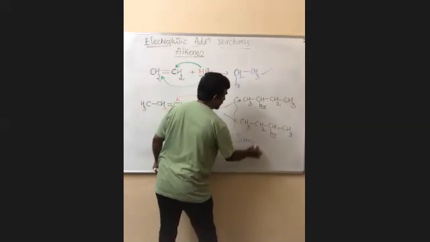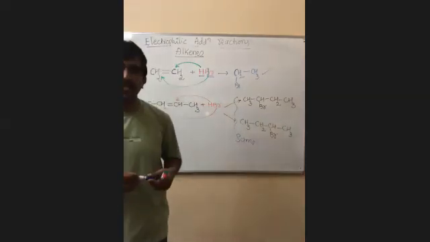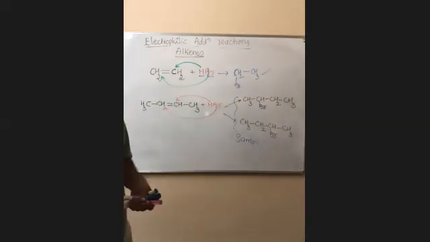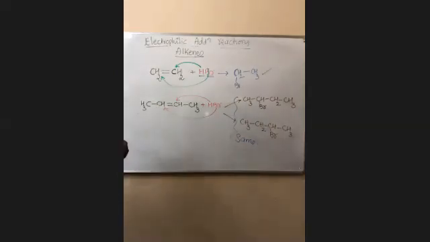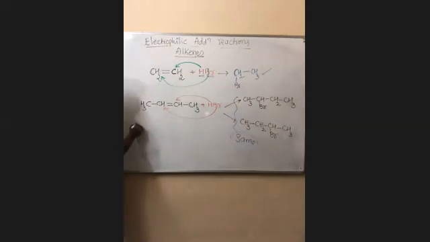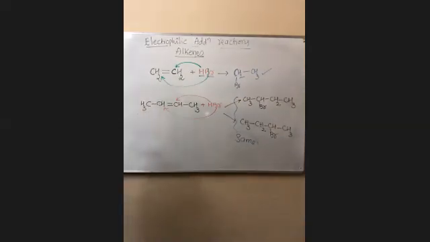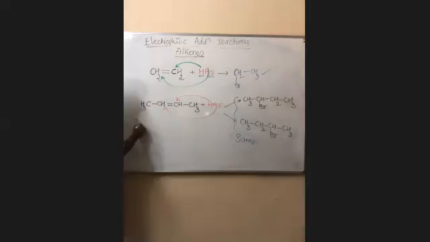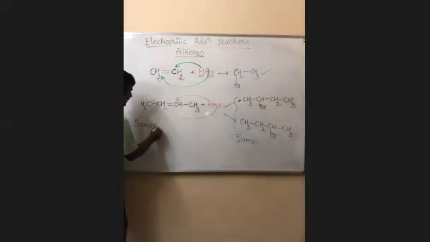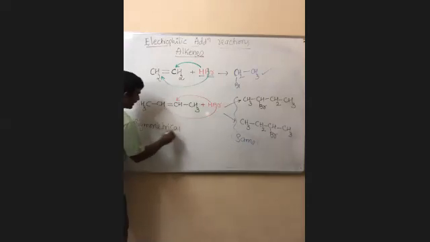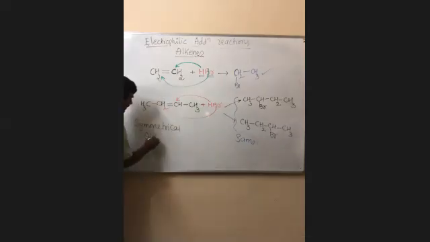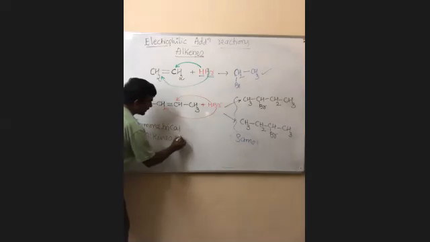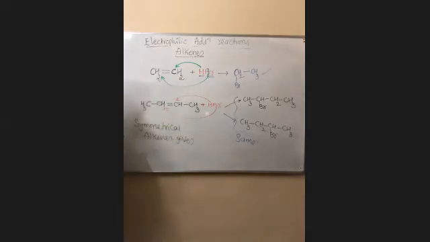Is it clear? The ultimate conclusion here is that symmetrical alkenes give a single product. Symmetrical alkenes always give only one product.